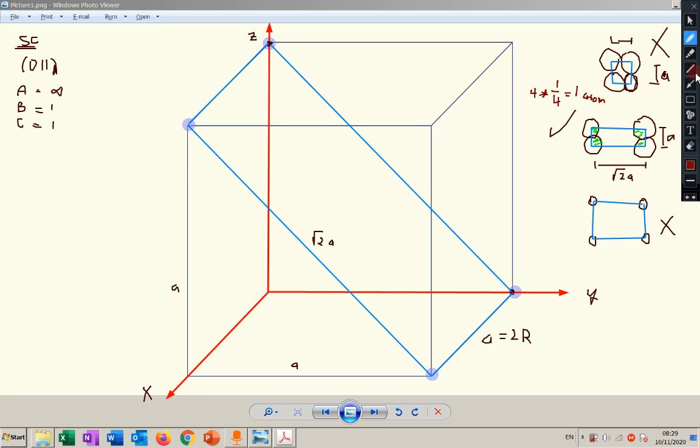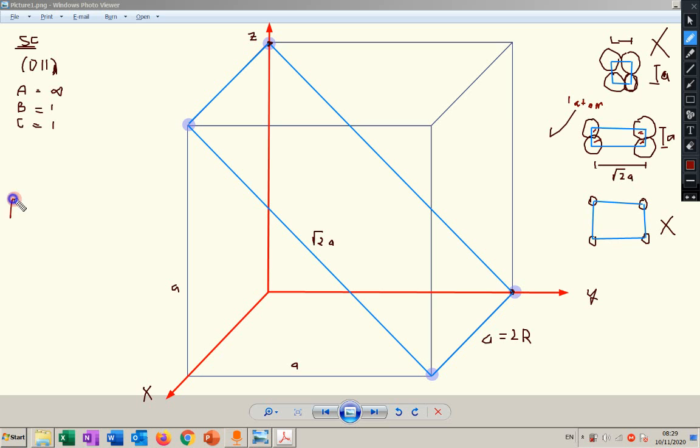So if I calculate the planar density for this plane (0, 1, 1), those are parentheses, we said that we have 1 atom.